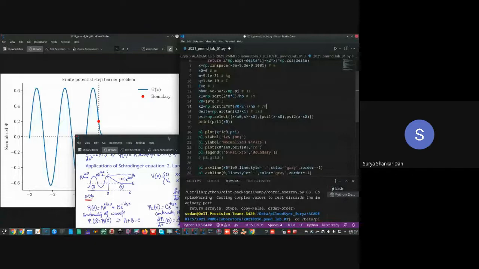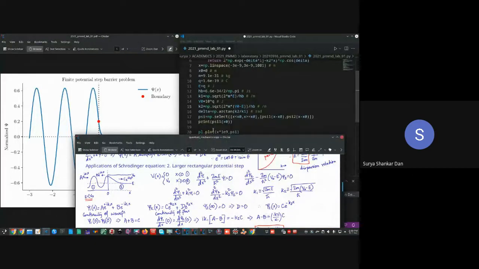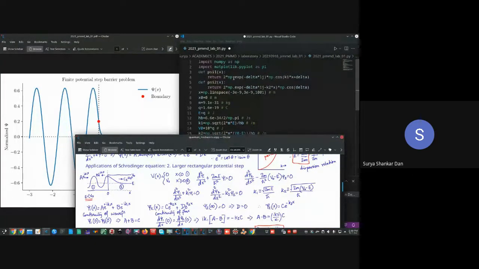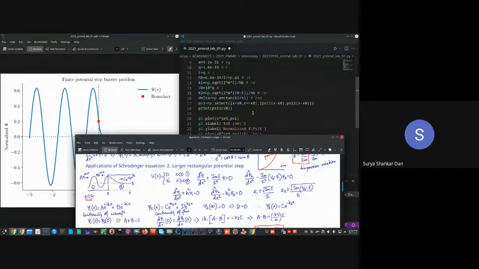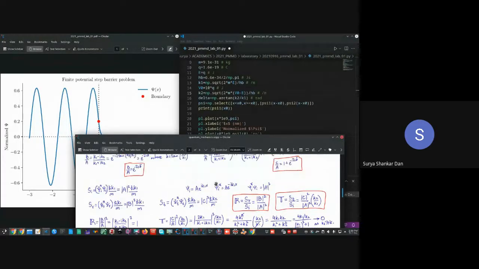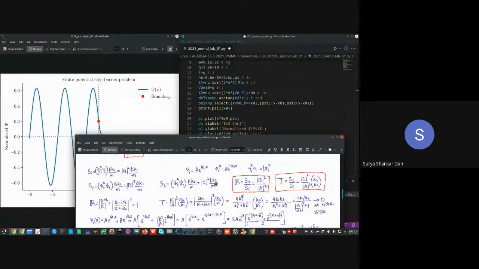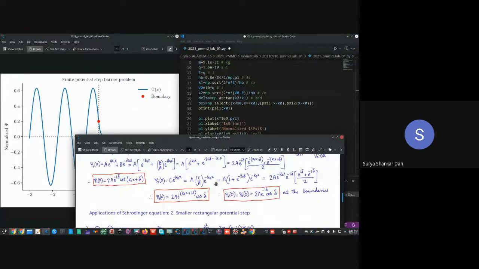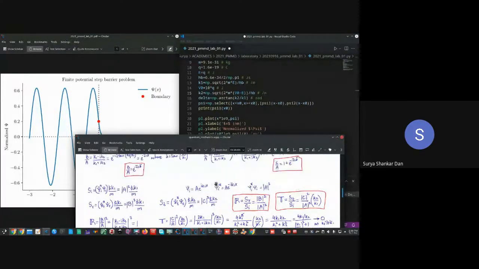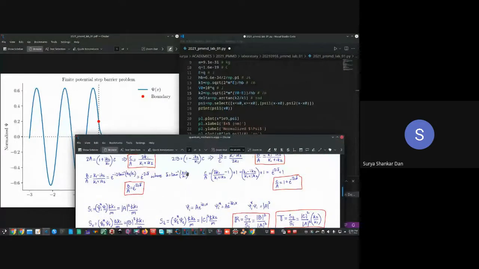Then what is the value of the delta? Because remember, we have one delta in the function, right? So where will we get the value of delta? Again, we had developed that value. Let's see, where is the delta expression? Yes, here. Delta is equal to tan inverse K2 by K1.